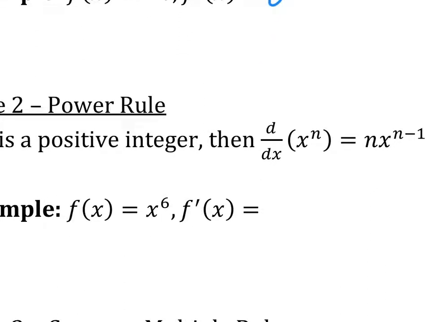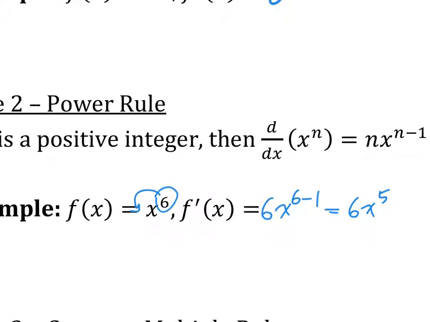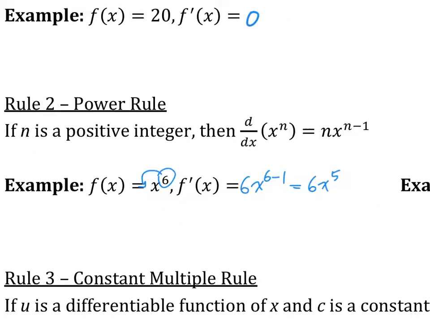For example, if f of x is equal to x to the 6, the derivative is take that 6, put it in the front, and then subtract the exponent by 1. So 6 minus 1, which is 6x to the 5th. If you go back and look at your warm-up, that is how you do the first 3, pretty much. Take the power, put it in the front, take the power minus 1. Easy. Write it down if you have a question.